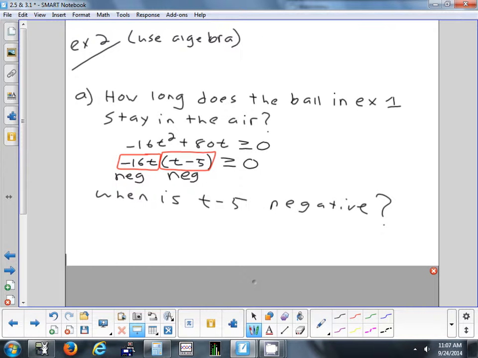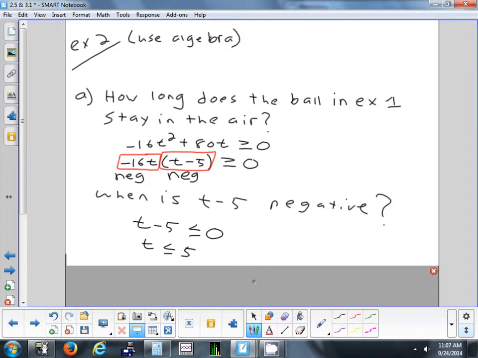Okay, so let's look at that. When is t minus 5 negative? A more precise way to say it would be it's not positive, because we're including 0. So we get t minus 5 less than or equal to 0.